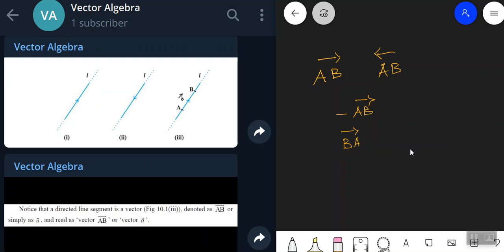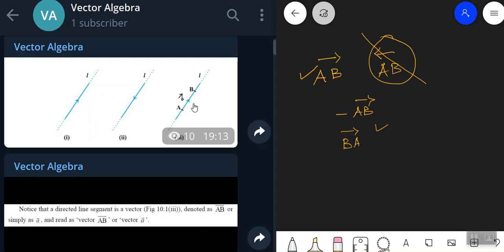So by convention, this arrow mark is represented as left to right only and not right to left. So even though it may be correct, it is not by convention. So let us ignore this one. Let us take this. When we say like this, AB vector is opposite to minus AB vector.